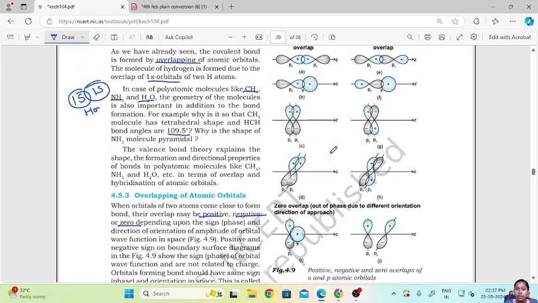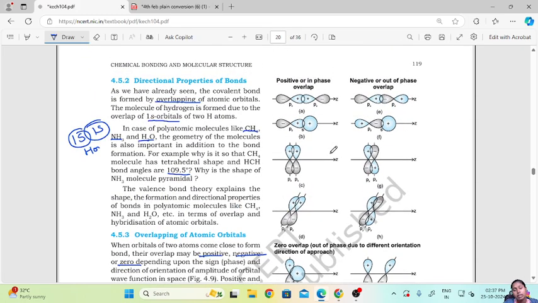So here what will happen? We have 4 unpaired electrons in the excited carbon atom, 1 in the 2s orbital and 3 in the p orbitals.